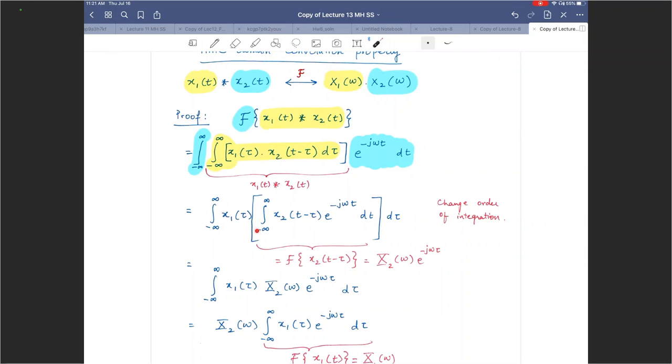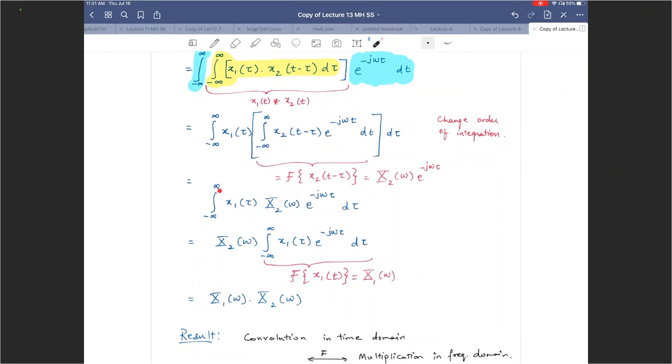And if we look at what this is, it is the Fourier transform of a shifted x2. The Fourier transform of shifted x2 is simply X2 of omega multiplied by e to the negative j omega tau, using the time shift property. So this goes back in here. The integration remains as is, x1 of tau remains as is. Now this has been solved for X2 of omega e to the minus j omega tau d tau.